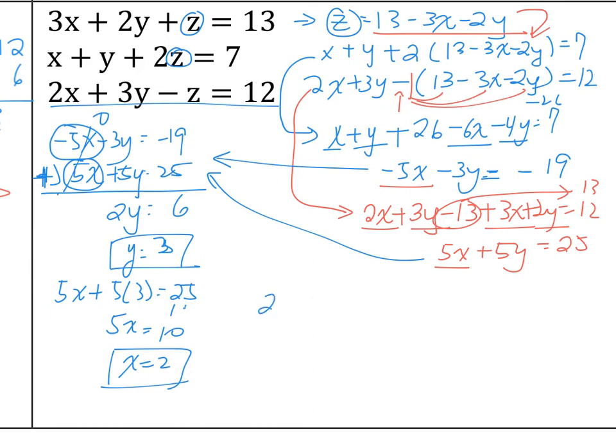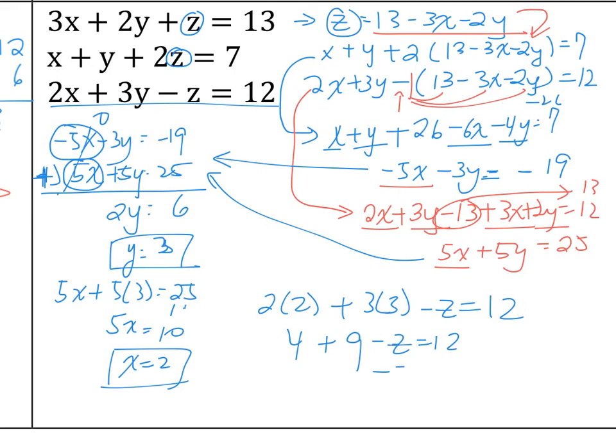Doesn't matter. 2 times 2 plus 3 times 3 minus z equals 12. 4 plus 9 minus z equals 12. So negative z equals negative 1, so z equals 1. Your final answer will be 2, 3, 1.